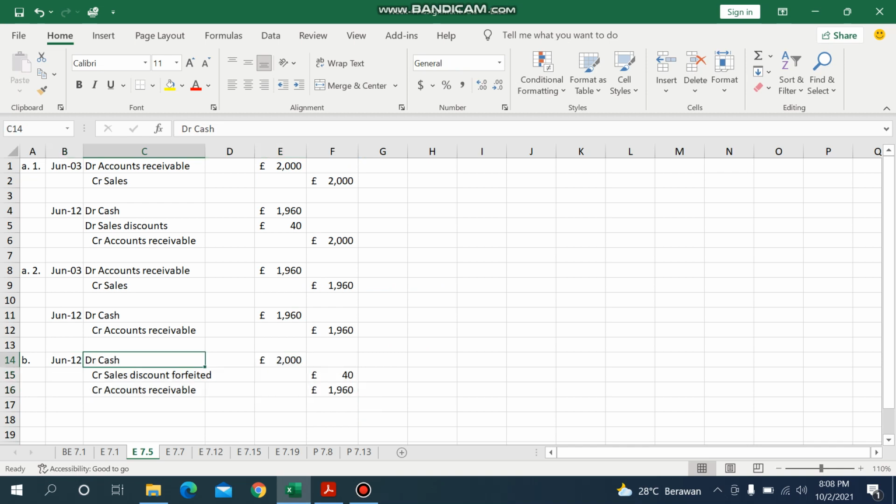Debit cash 2000, because the cash discount is not taken by the customer. And then we will credit sales discount forfeited. So it means that the customer is not taking the discount. So that would be sales discount forfeited. And then credit accounts receivable of 1960. So that will be the journal entry if the customer is not taking the cash discount under the net method.